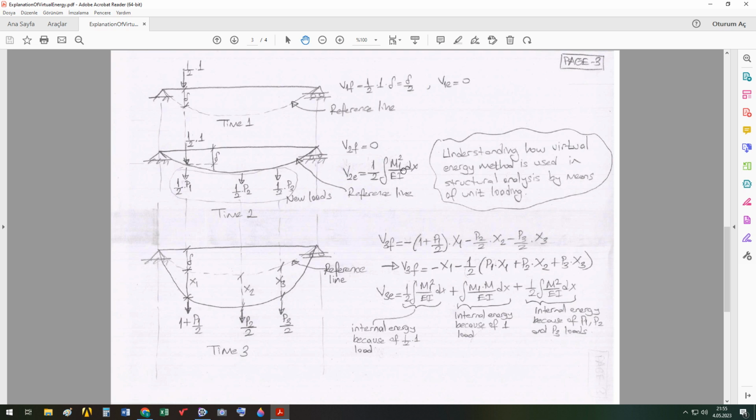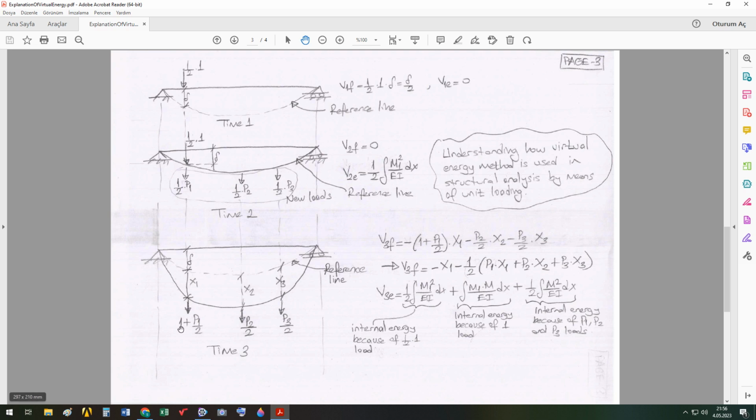Now, at time 3, because of the newly added loads, our beam reached a new equilibrium position. When I am writing, here is a hint: I write here the average value of 1 unit load, because it increased from 0 to 1. But between time 2 and time 3, the value of 1 unit load has never changed. It is kept constant.